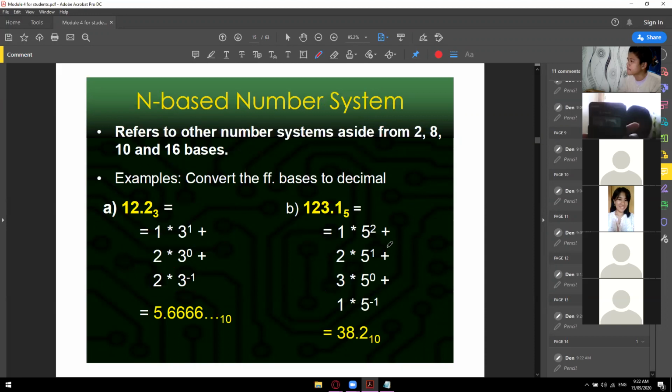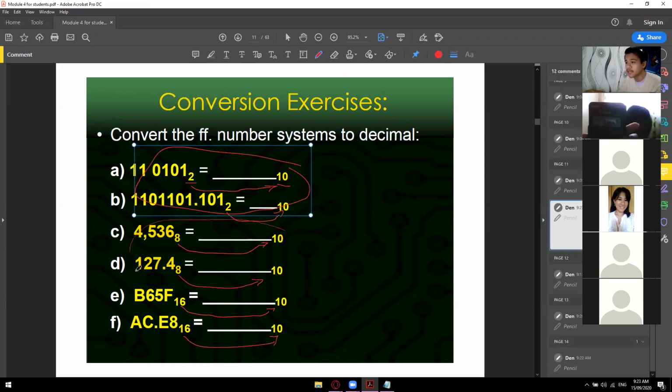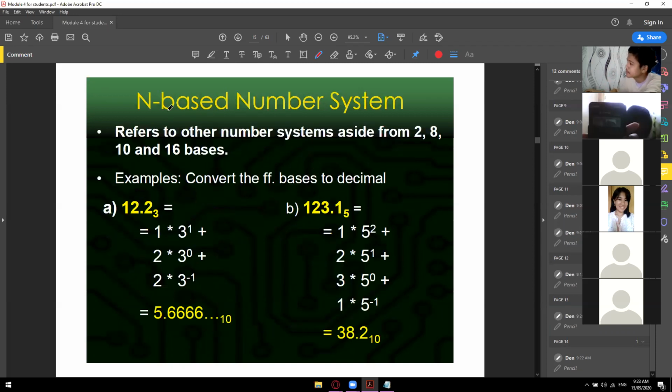Alright, so next one is n-base. So kung papansin niyo, meron tayong binary to decimal, octal to decimal, and then hexadecimal to decimal. So lahat yun nabanggit na natin. Any other base aside from those 2, 8, 10, and then 16 is now called the n-base.